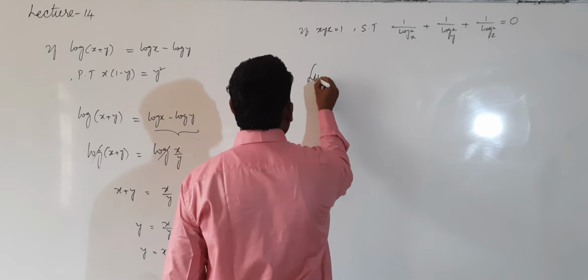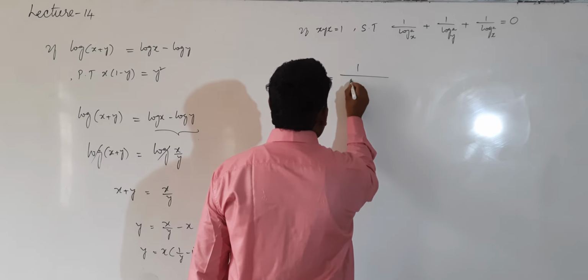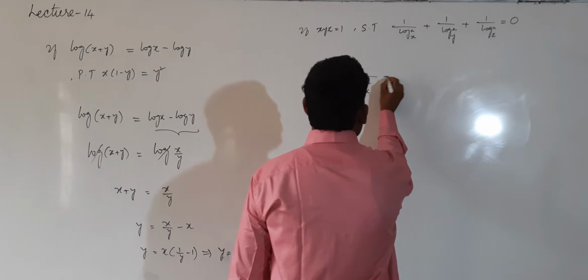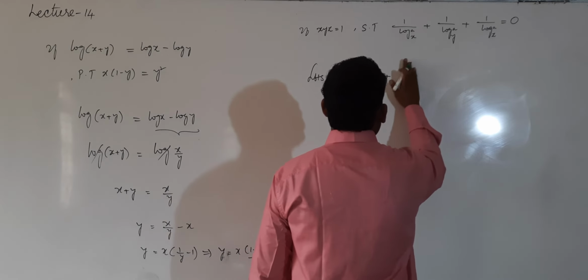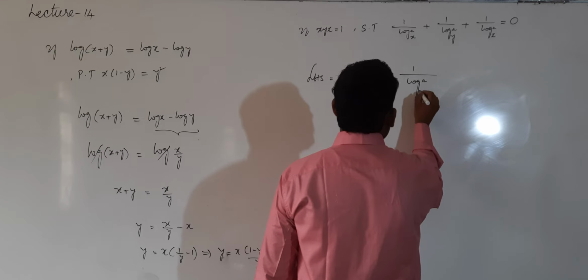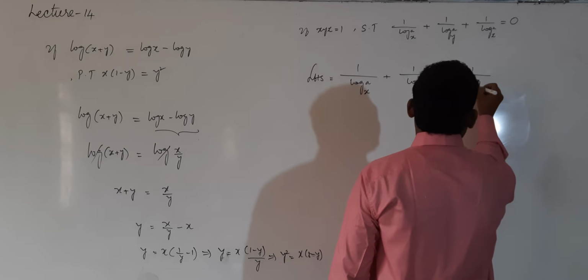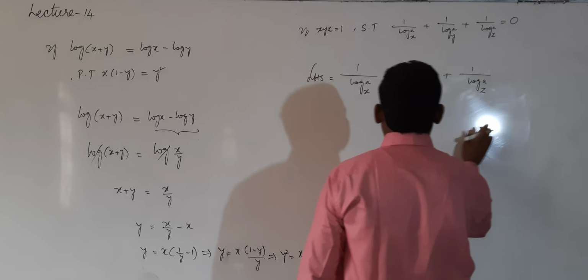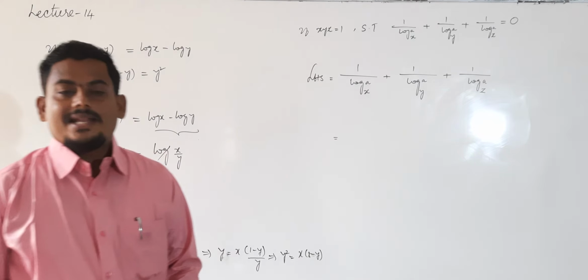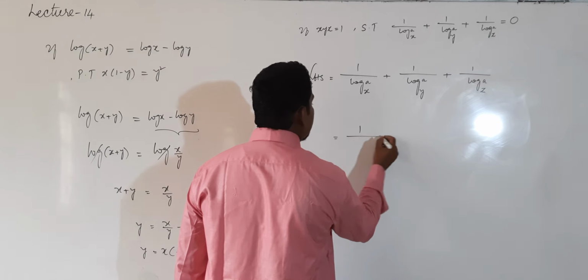Just consider LHS. Our LHS is 1 divided by log a to the base x plus 1 divided by log a to the base y plus 1 divided by log a to the base z. In the denominator, use the change of base theorem property. 1 remains as it is.